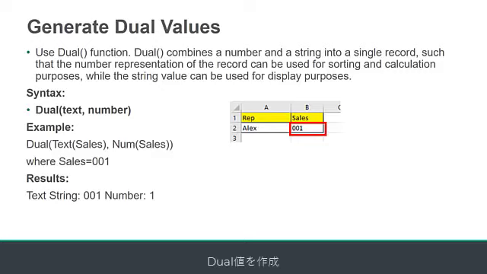For example, when you want to generate a dual value of sales, you can use dual, bracket, text, bracket sales, comma, num, bracket sales. When sales is 001, the result will be a dual value, whose text string is 001 and numeric number is 1.